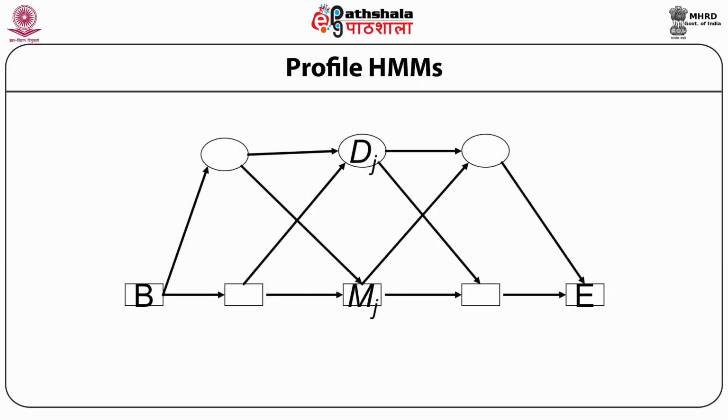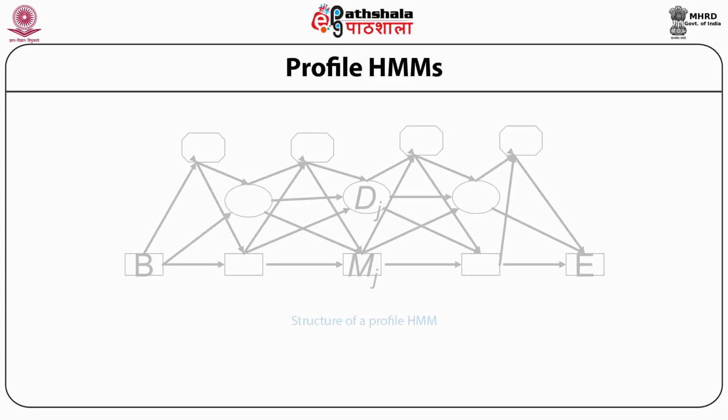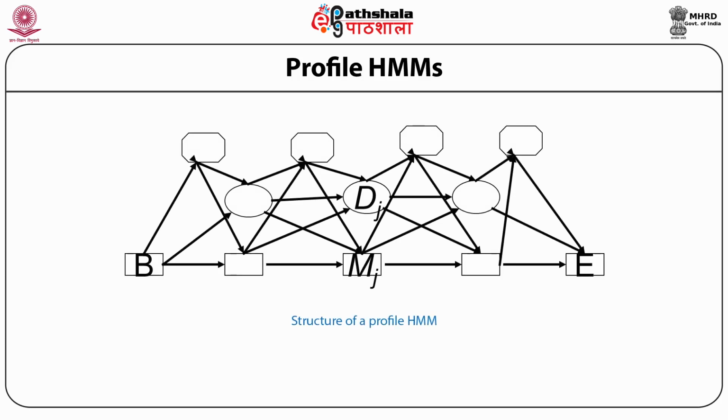So here is an example of a basic match state with several delete states and the transition probabilities are given. Now as you go from one D to another D, you can set the transition probabilities, thereby modeling different gap penalty models that you may have. So this is the combination. I have my basic match state model. On top of it, I have both the insertion states and the delete states.